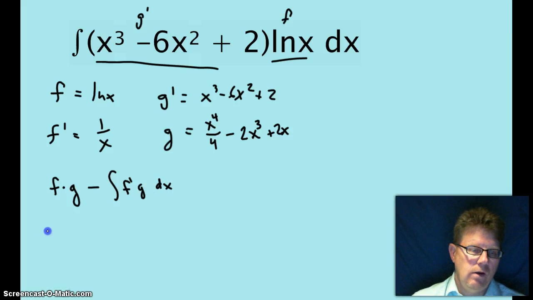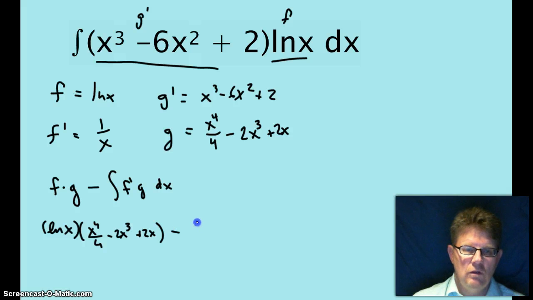So ln of x times x to the 4th over 4 minus 2x cubed plus 2x minus the integral 1 over x, and this is why we made ln of x the f, because this will make a simpler integral to solve than this one up here. So that's why we did what we did.